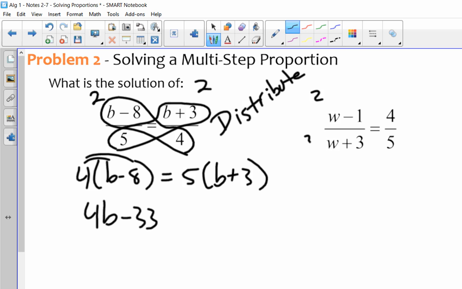And same thing here. We like to gather the variables to the left-hand side. I like to deal with them first, so I'm going to do this.